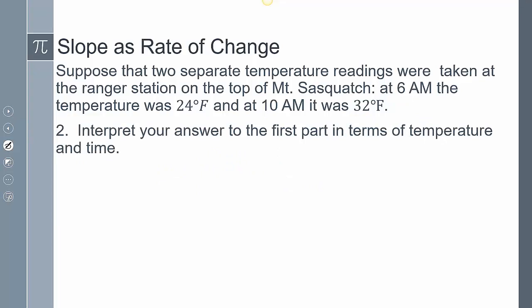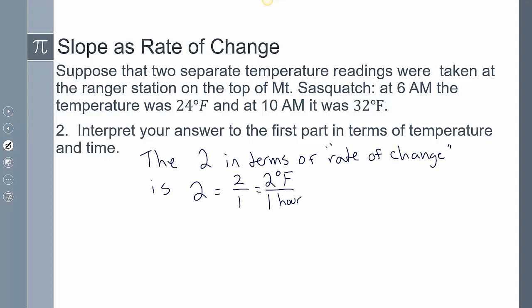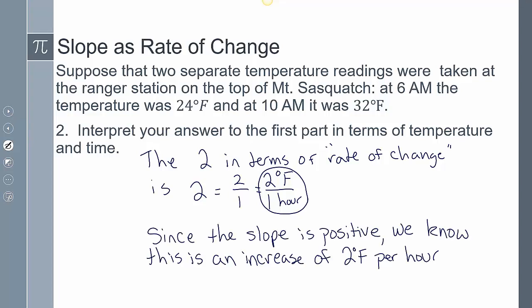And so part 2, it says, interpret your answer to the first part in terms of temperature and time. Well, because I found that it was 2, that 2 means the rate of change. So it's going to be a 2 degrees Fahrenheit increase per 1 hour. Okay, so it's just 2 degrees, that's what it's changing per hour.